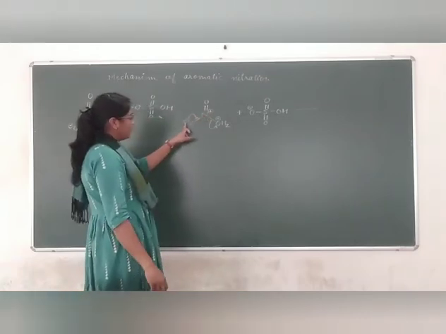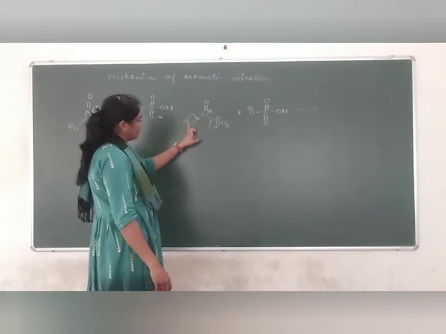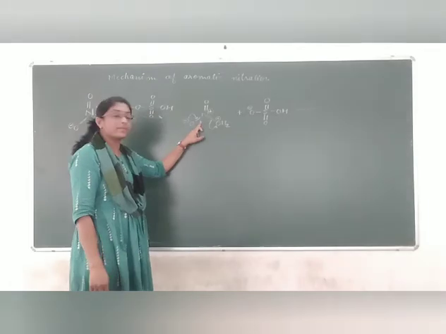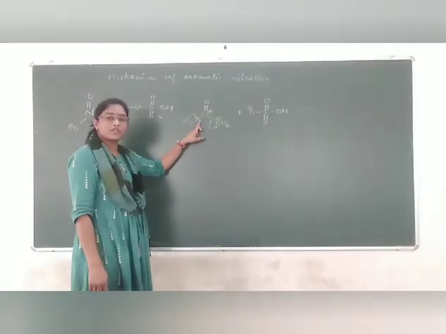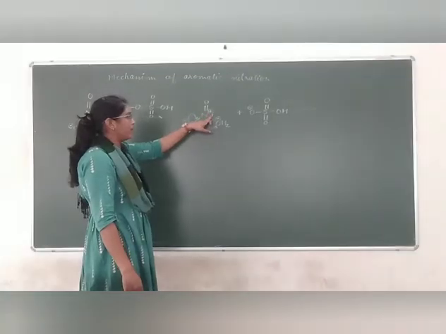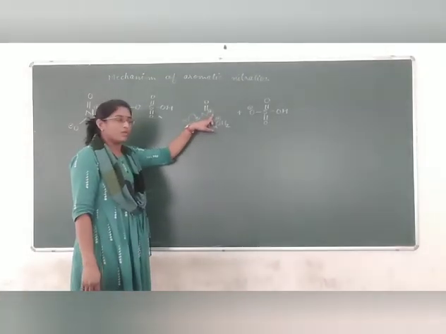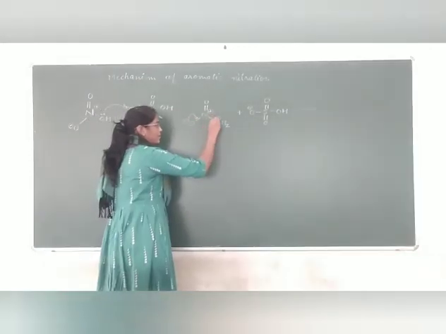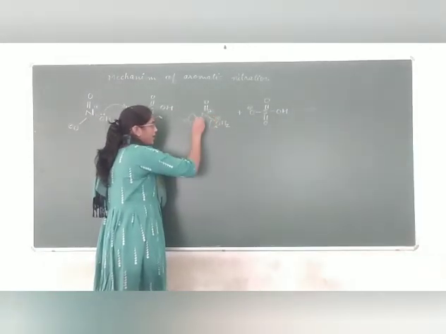Then this minus charge goes over here, means a pair of electrons forms a bond over here. There is a formation of a new bond, and the plus charge on nitrogen remains as it is, because this bond is breaking over here and another new bond is created over here.